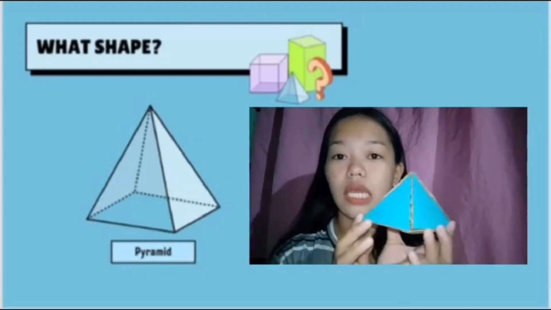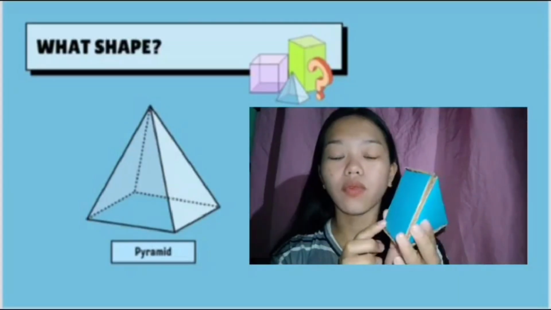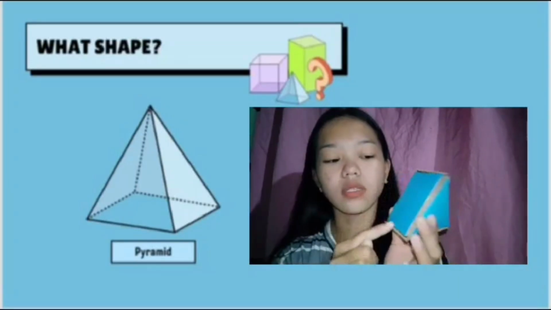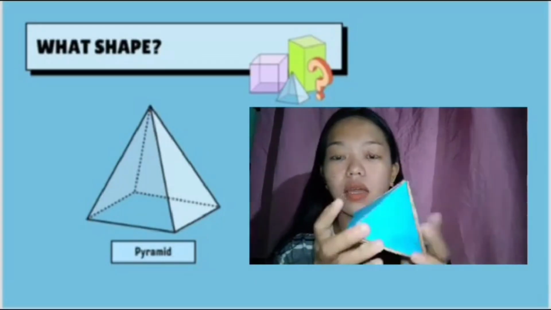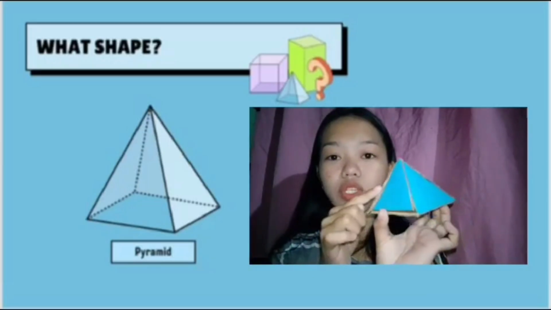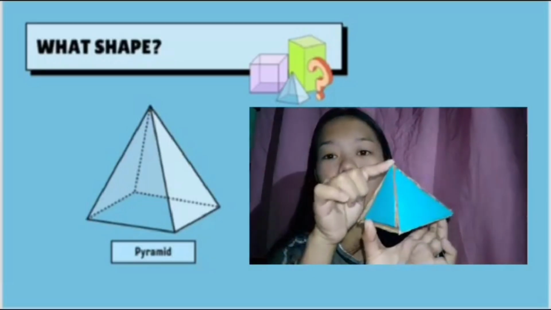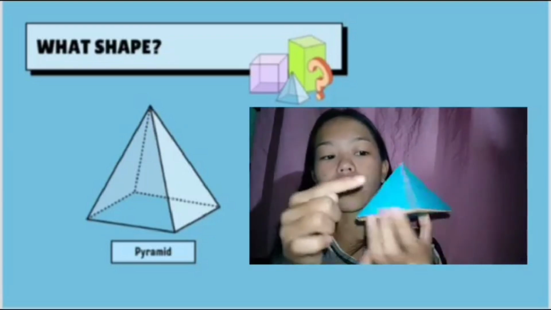So naa pod siyay edges nga 8. Ang 4 edges niya is around sa base, which is kani 1, 2, 3, and 4. And ang other 4 pod is na-connect gikan sa apex padulong sa base, which is kani 1, 2, 3, and 4.